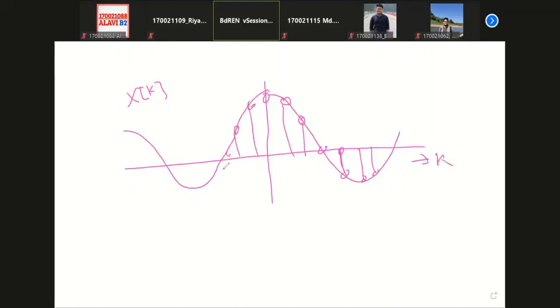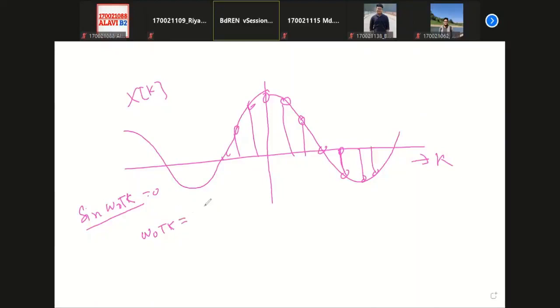You can easily see that in our sine term, what was there? Sine of omega 0, say T, into k. Can you tell me when this quantity will be equal to 0? For example, when omega 0 Tk would be equal to 0, can you tell what would be the value of k?